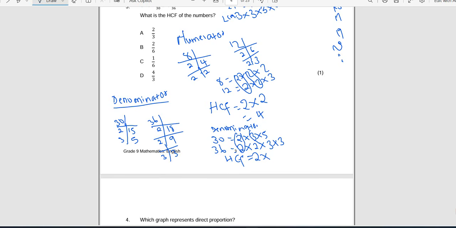And then we have 3 again. 3, and then the highest common factor is 6. The numerator was 4. The HCF for both numerator and denominator gives 4 over 6. And we know that we can simplify this 4 over 6. 2 goes how many times? It's gonna be 2 over 3. The correct option is A.